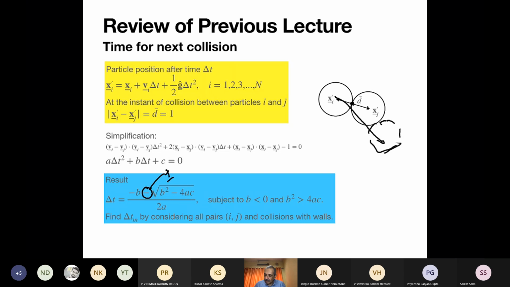So you actually have two roots: where it touches, which is the first collision, and then the particle passes through the whole second particle, and it again satisfies this condition, and that is the second root. So you always have to take the smaller root.